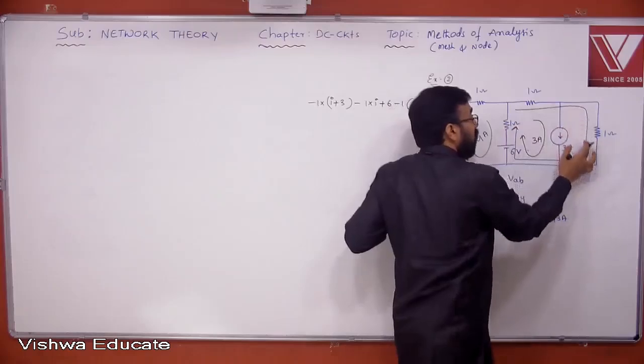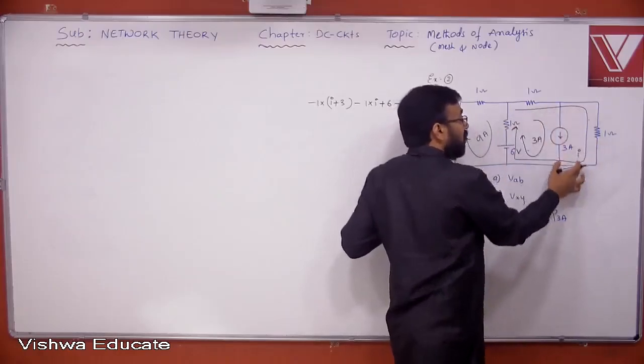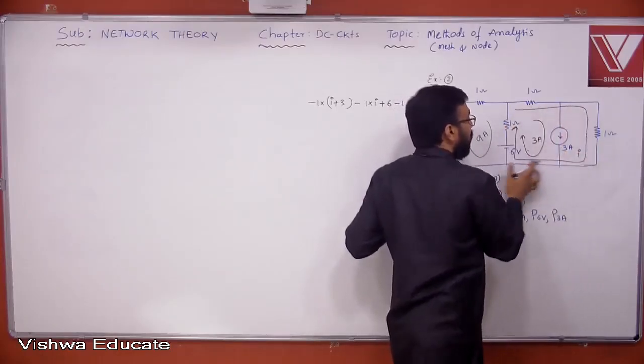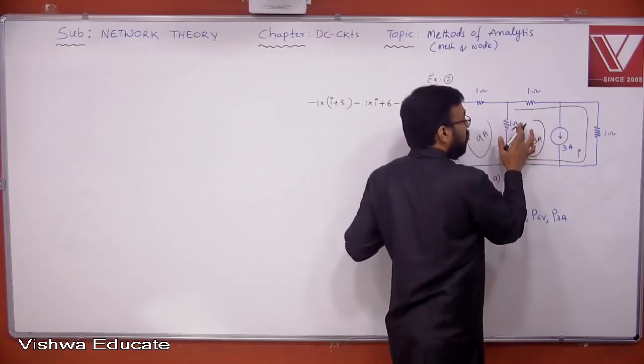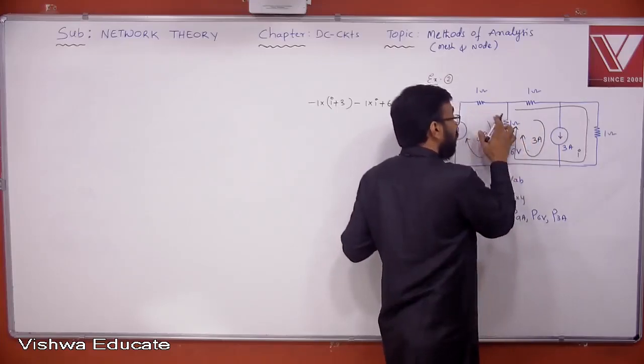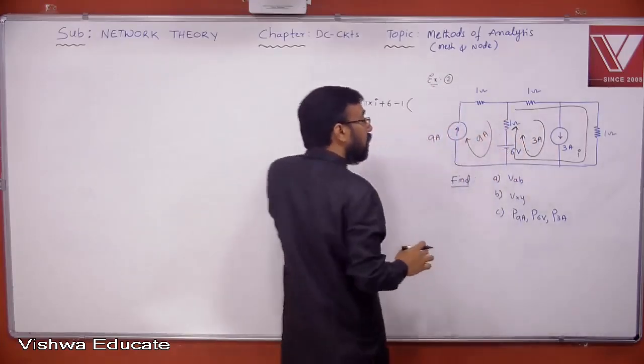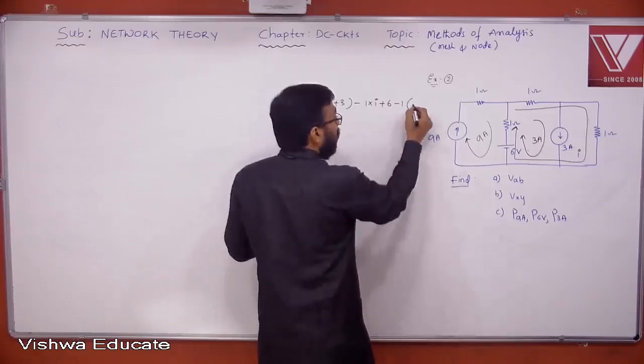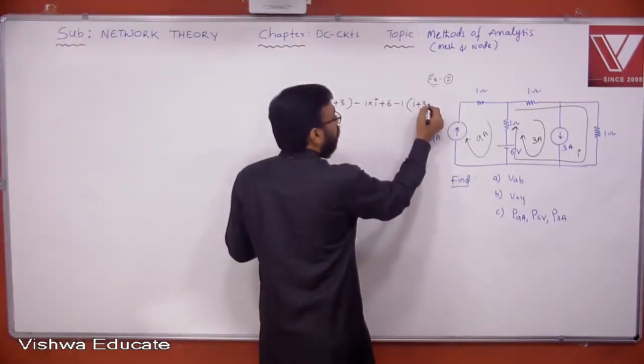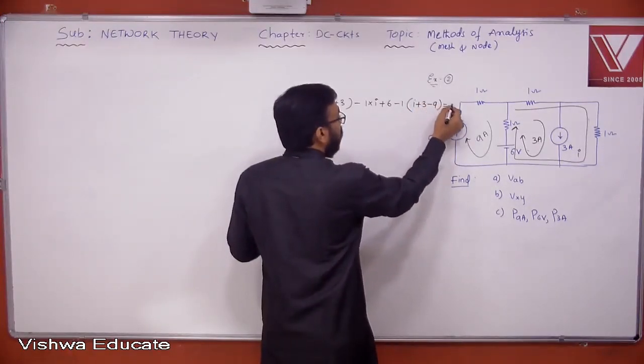This current is predominating. My assumption is that this current is predominating. But already this current and this current both are in the same direction. Therefore I plus 3. But already one more current is coming in the opposite direction. Therefore I plus 3 minus 9. This is the current that we actually get.